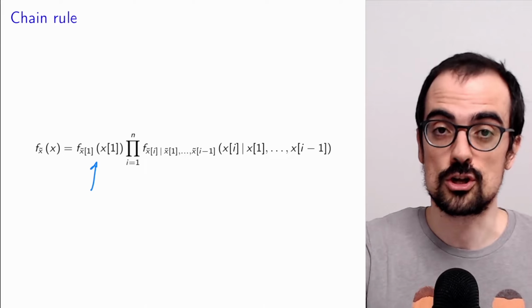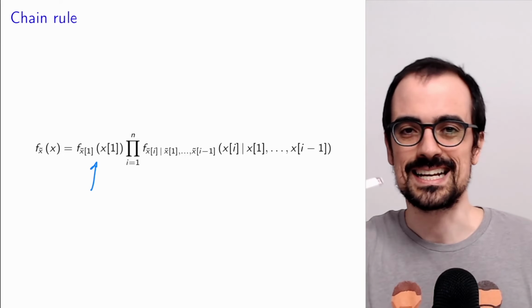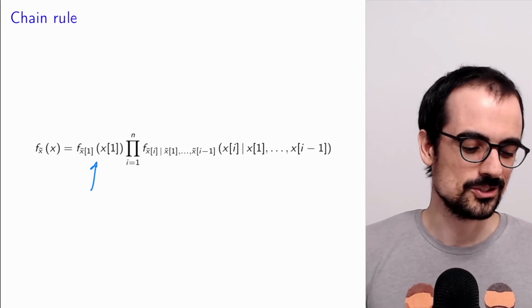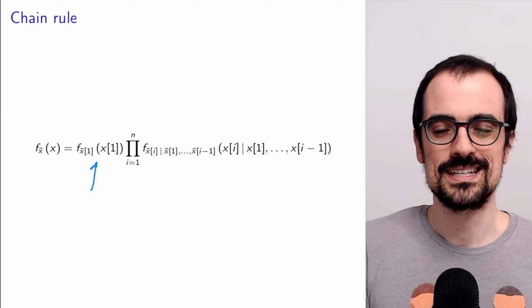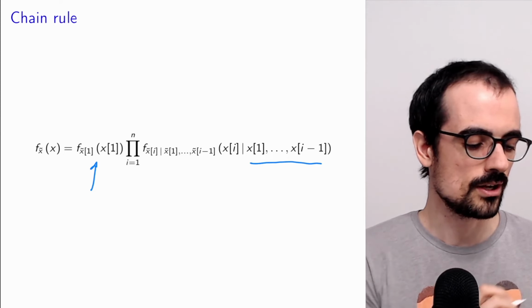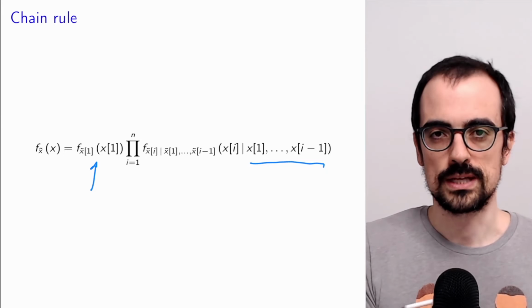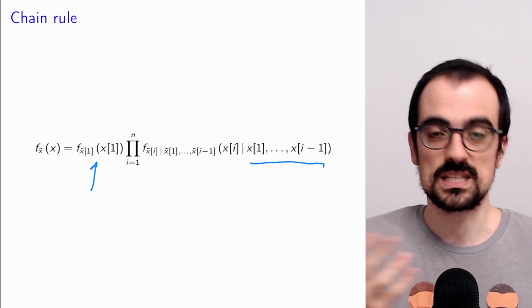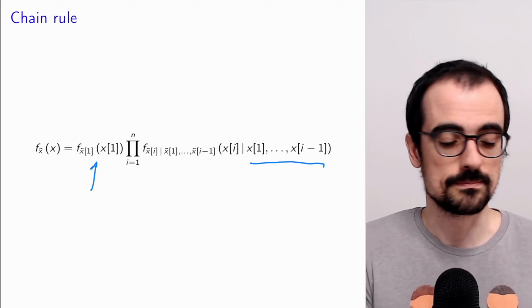We always have to condition on everything that we have taken out. I like to say taken out of the joint PDF, although maybe I don't know how intuitive that is here. We always have to condition on all the other variables that we have considered before. Hopefully that makes sense.